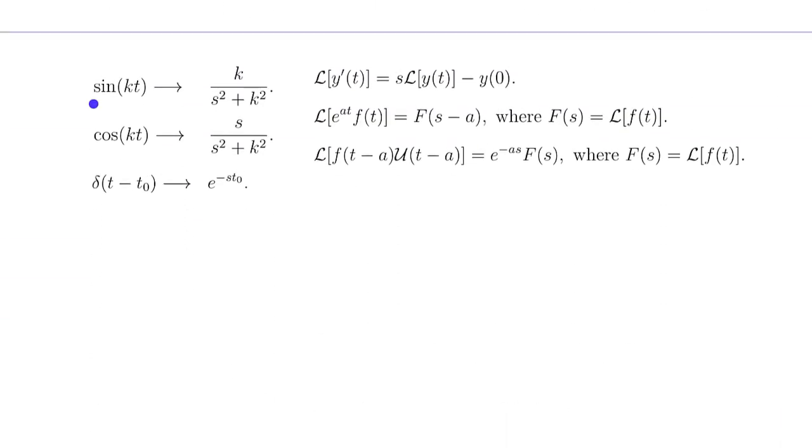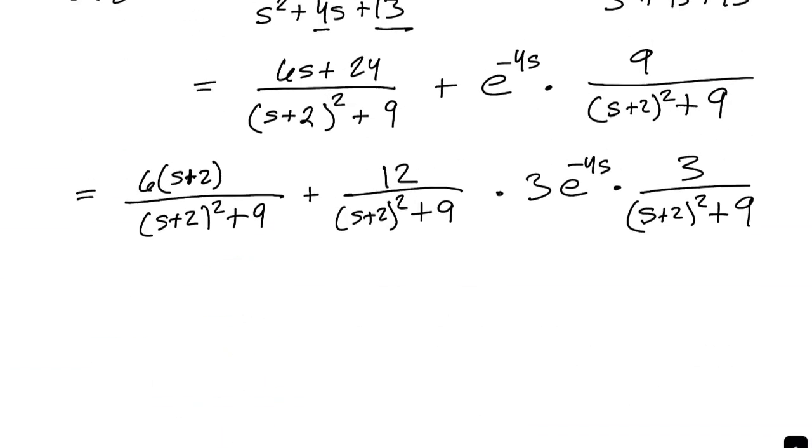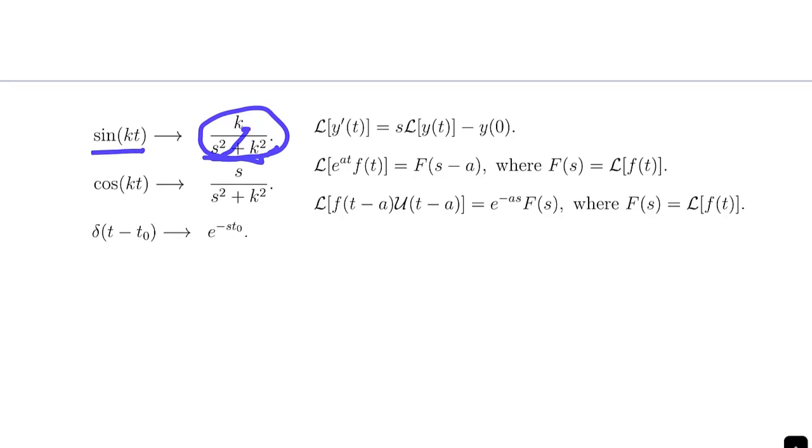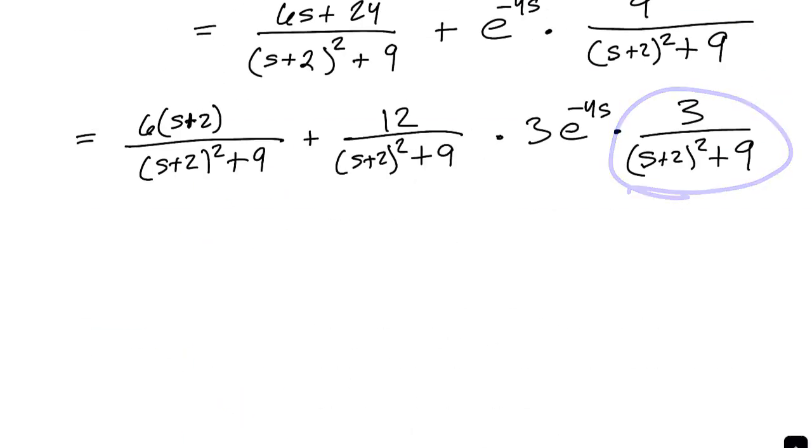And what I mean by that is sine of kt is k over s squared plus k squared. So if k is equal to 3, I would get 3 over s squared plus 9. And that's what this is right there. And for cosine, I need s over s squared plus k squared. And so this one has 6s over s squared plus 9, right? So those terms are beginning to match the form I want.